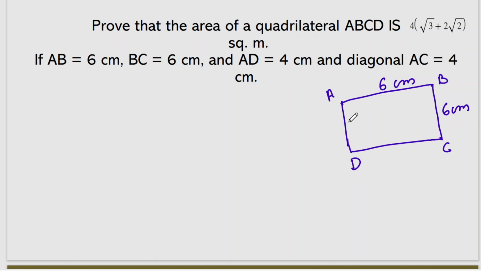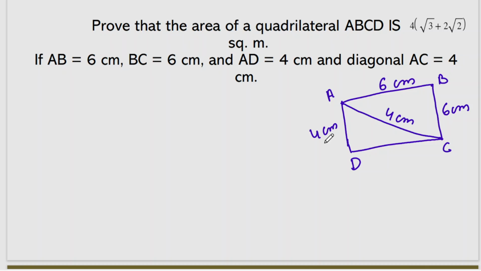The value of AD is given as 4 centimeter. And the diagonal AC is given as how much? 4 centimeter. Now they have asked you to prove that the area of ABCD is this.